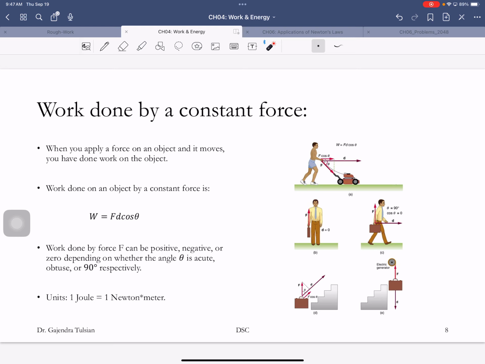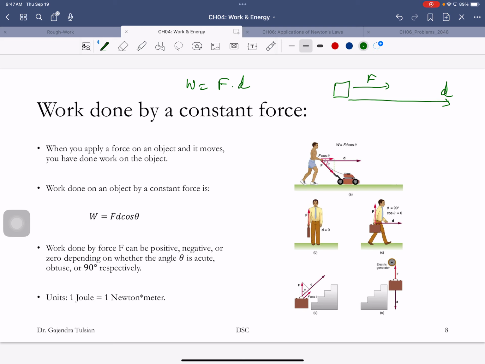Okay, now let's see how you calculate work done. Let's say you have an object, you apply a force, and then you push it through a distance d. If the force is constant throughout the push, the work done is just the product of the force and the distance.